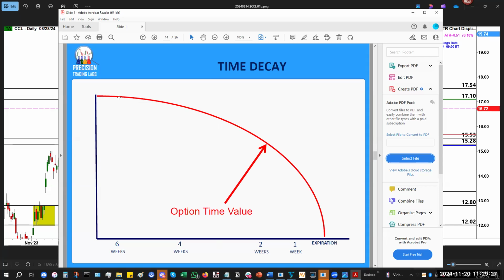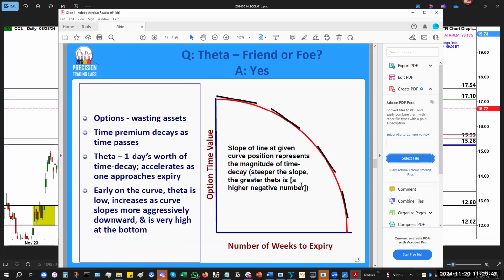You start out up here, some time passes, and in terms of the time value of your option, you're not really losing a whole lot. But then as you get closer and closer to expiration, notice this thing starts to really curve down. We can think of how it curves down as essentially the slope of that line, and this is how time decay looks as time goes on.